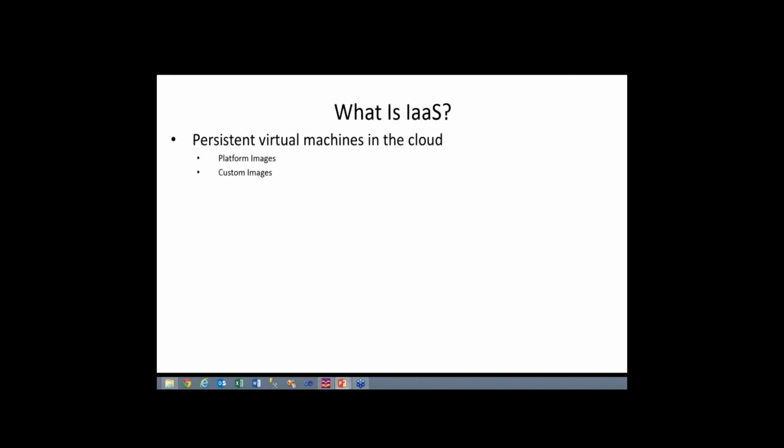So what is IaaS? We already talked about this. IaaS is infrastructure as a service, and it is a location where you can persist virtual machines up in the cloud. There are some platform images, or gallery images, built into Azure that you can use, and of course you can create your own custom images and upload those to Azure.